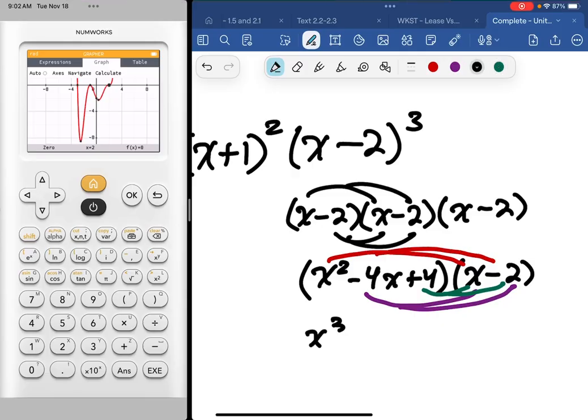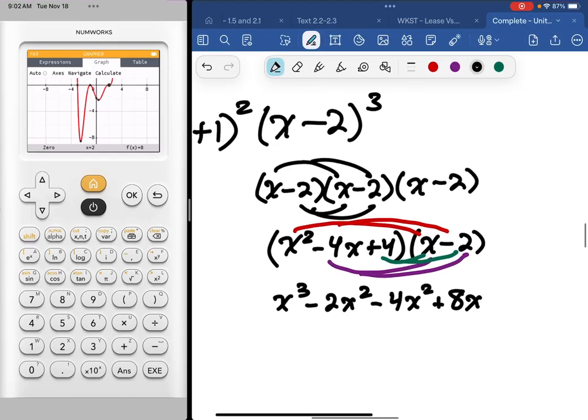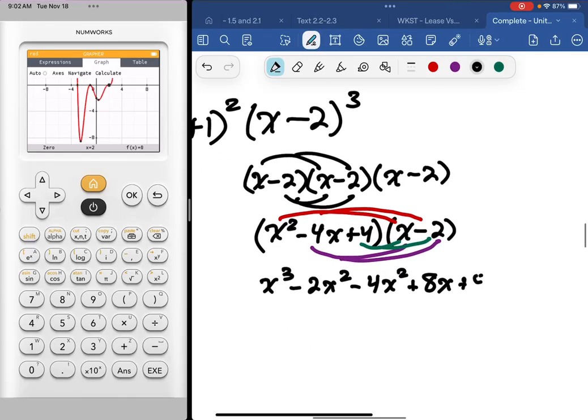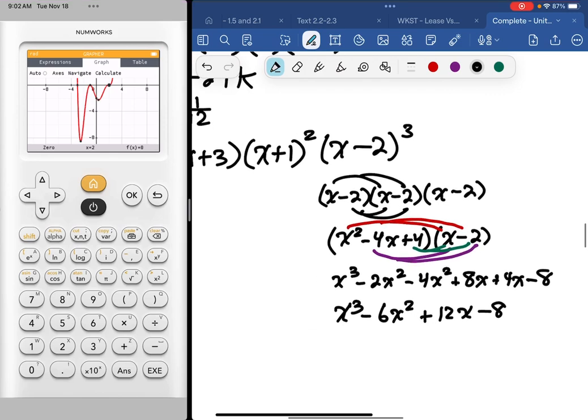So x to the third minus 2x squared minus 4x squared plus 8x plus 4x minus 8. Combining the like terms. This I can distribute.